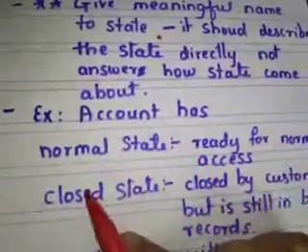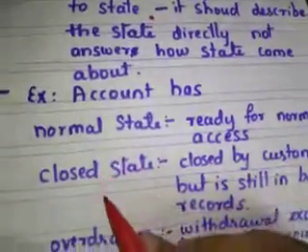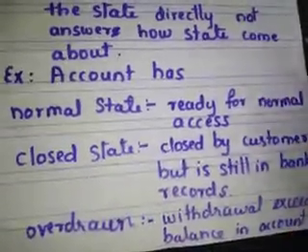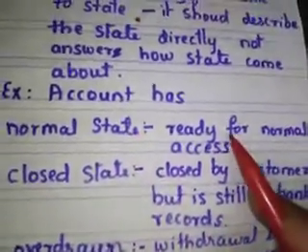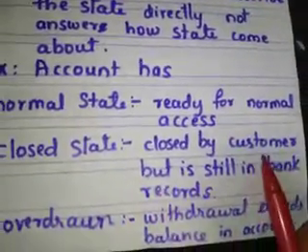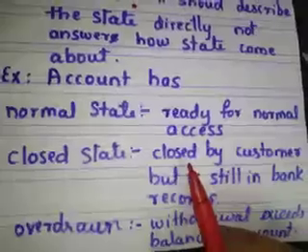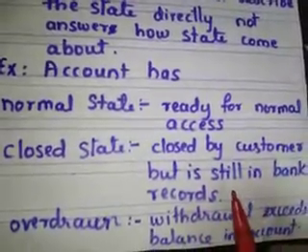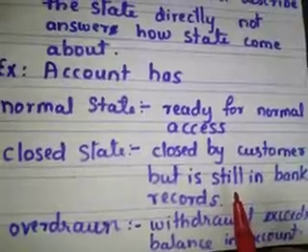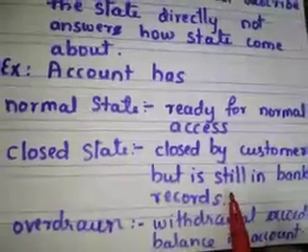Now the account has different states like the normal state, the closed state, and the overdrawn state. How have they come into that state? The normal state means your account is ready for access. The closed state means the customer might have closed the account, but still his record may be available in the bank. If it was not available, it would not be found in the records, right?